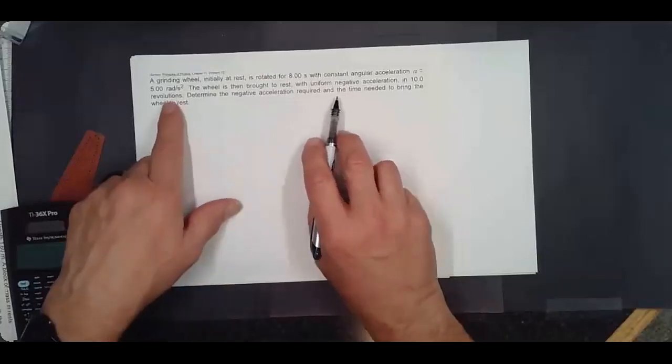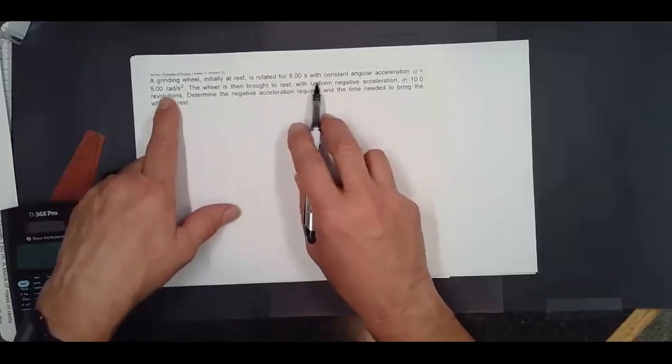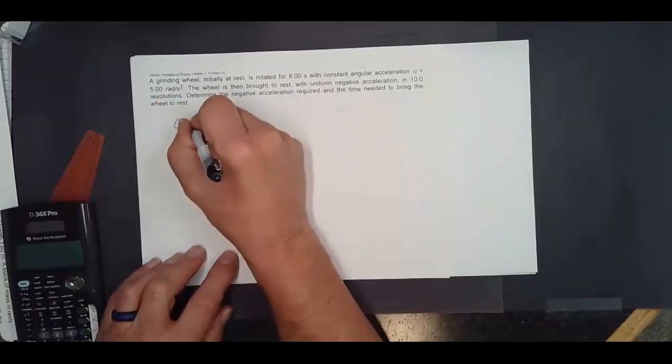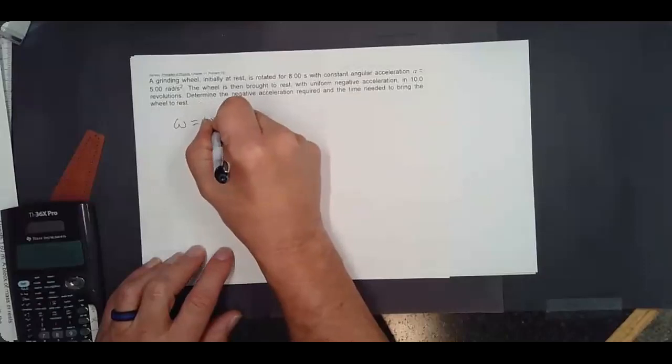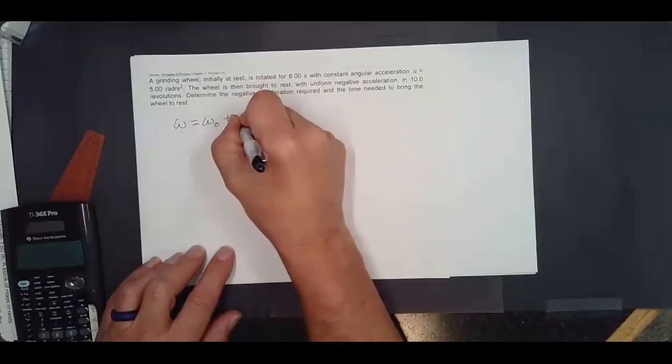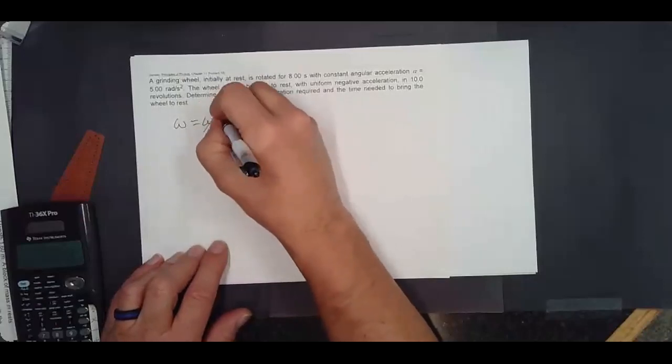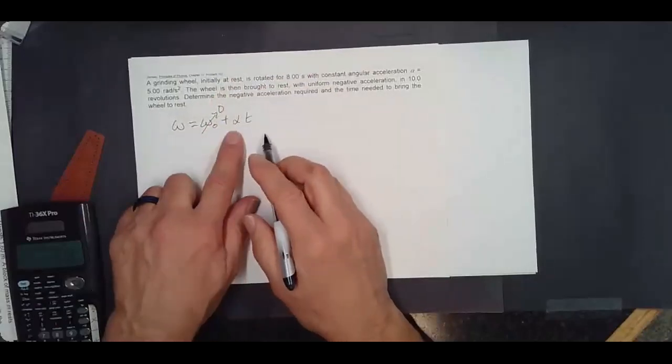Okay, let's first figure out how fast it's going after those 8 seconds. Omega is going to equal omega naught plus alpha t. It's initially at rest, so omega naught is 0.